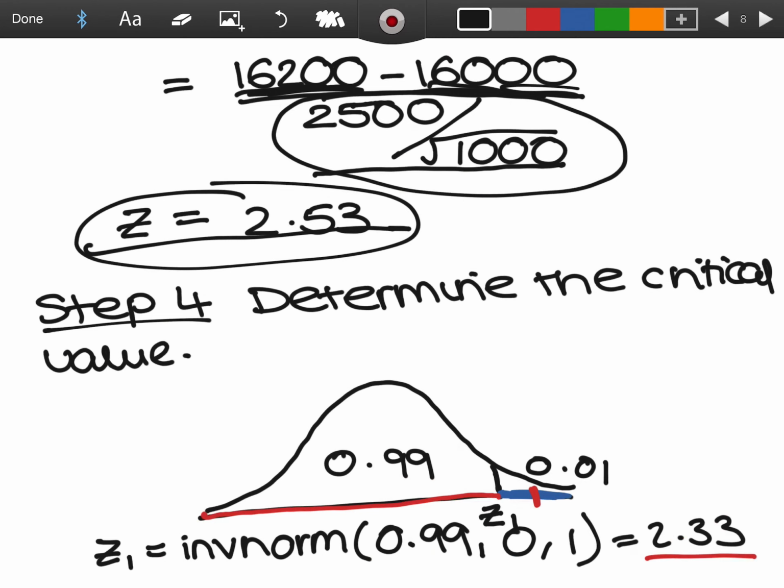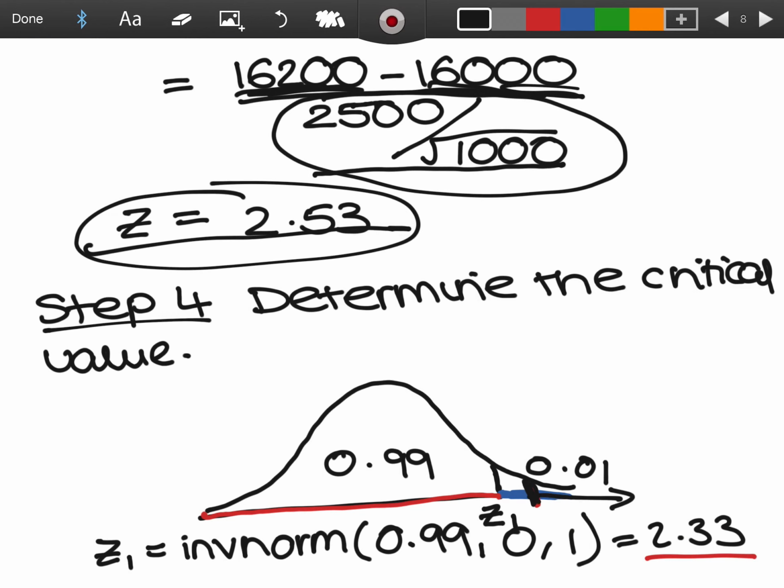So let's look at the example that we had on this page. We have a test statistic of 2.53. The p-value is the probability that you will get a test statistic that is at least as extreme, if not more extreme.